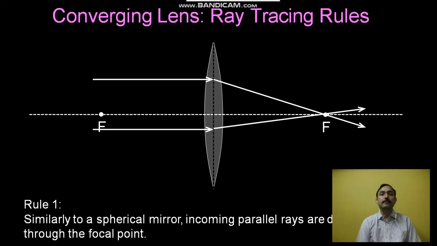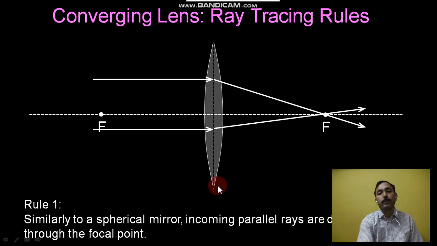So, converging lens, ray tracing rules. Rule 1, similar to a spherical mirror: incoming parallel rays are deflected through the focal point.